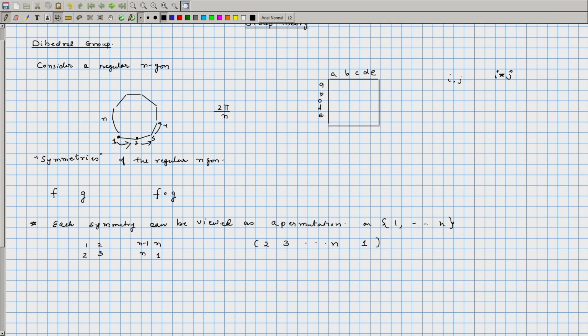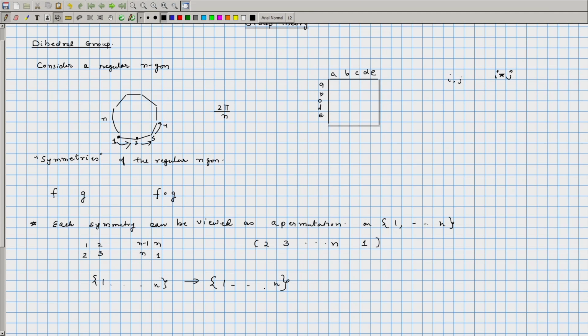So, here in an abstract sense we know that if you take all the symmetries of this regular n-gon, you get a collection, and this collection has a nice property that two of them can be combined by means of function composition. If you view them as permutations, permutations are again functions from the set 1, 2, 3 up to n to 1, 2, 3 up to n.